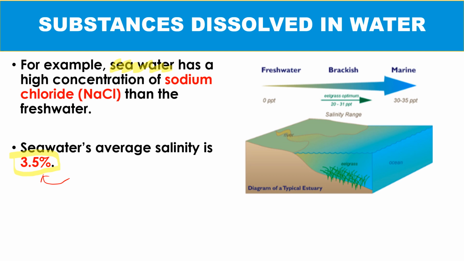When I say 3.5, how can I put it in an easy way?